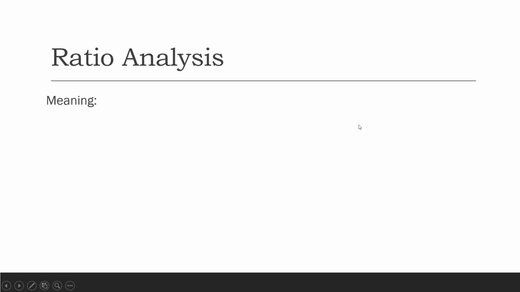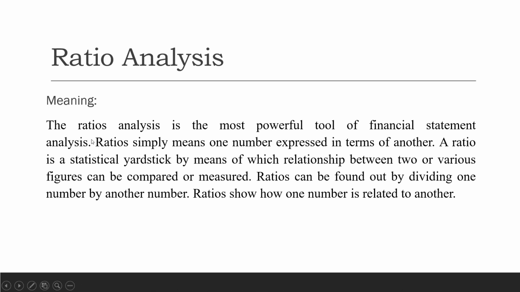So the next point, we come to ratio analysis. Now, what is ratio analysis? Ratio analysis is one tool of financial statement analysis to help the financial managers, the accountant and the managers to run the business properly. Now, what is the meaning of ratio analysis? Let's see. This ratio simply means one number expressed in another number.